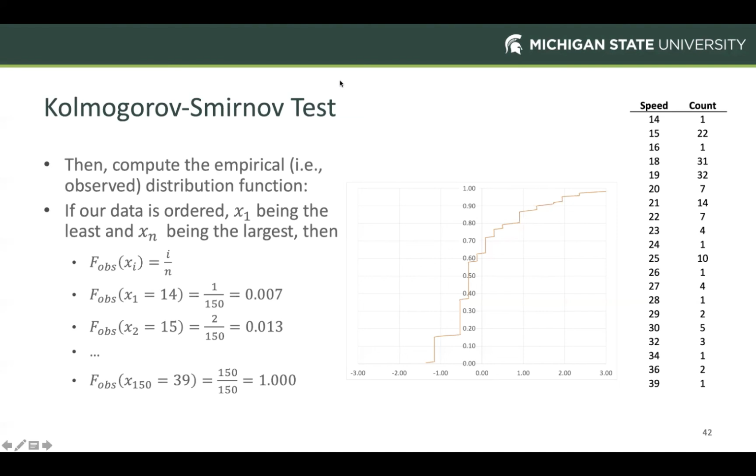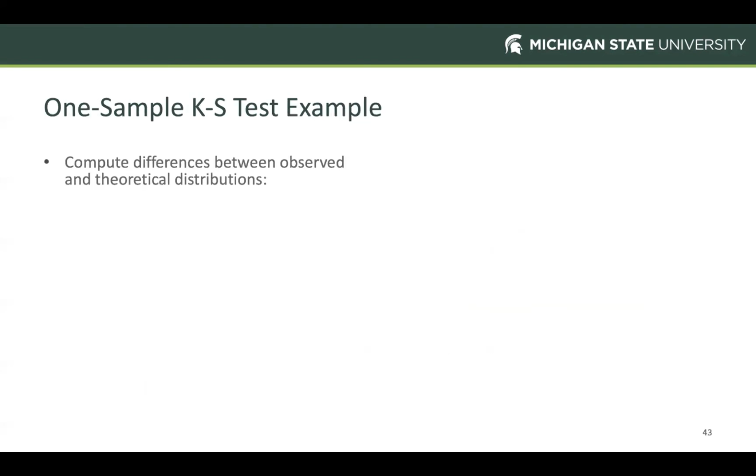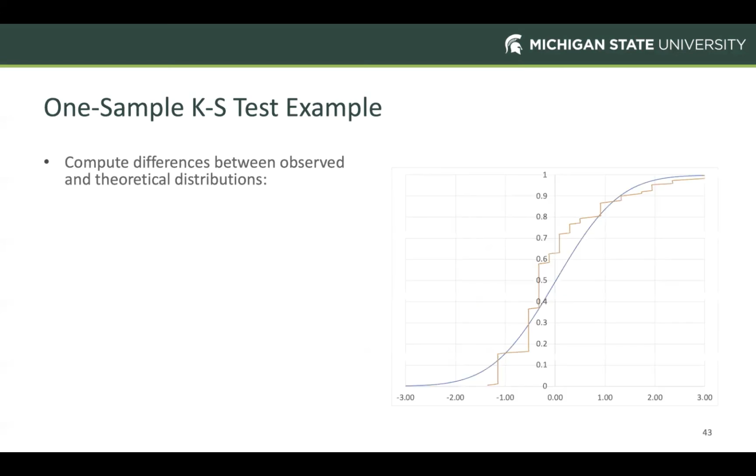To calculate and conduct the KS test, we're basically just taking the differences between those observed and theoretical distributions. Here I've overlaid them upon one another. We're calculating all these differences for each of the individual data points, and then identifying where that maximum value occurs.